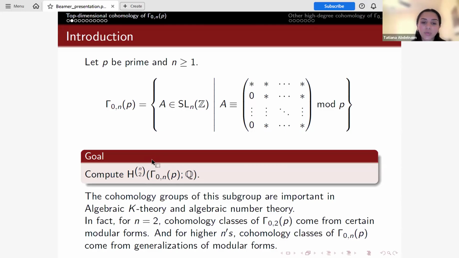And in fact, for n equals 2, cohomology classes in here come from certain modular forms. And for higher n's, they come from a generalization of modular forms. There are also other connections as well, but my knowledge is very limited when it comes to it. But what I'm trying to say is understanding this group gives a topological approach to number theory.